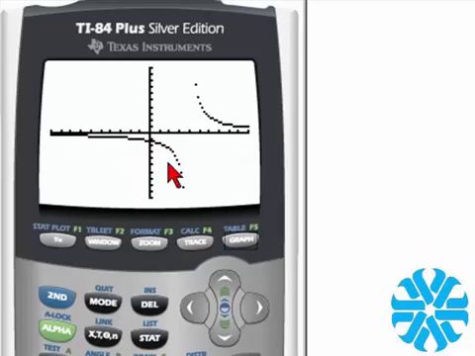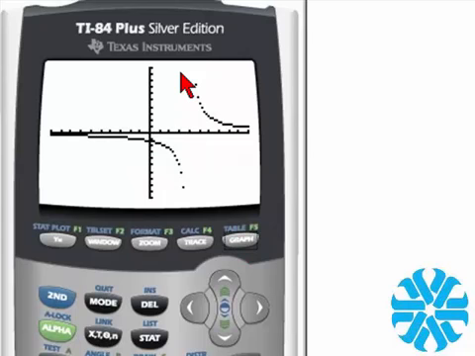But anyways, this is what the dot mode looks like, and for those of you who did initially see the vertical asymptotes, they will be gone now, and your standard viewing window should look exactly like this. So you can go ahead and pause this video and try it out.